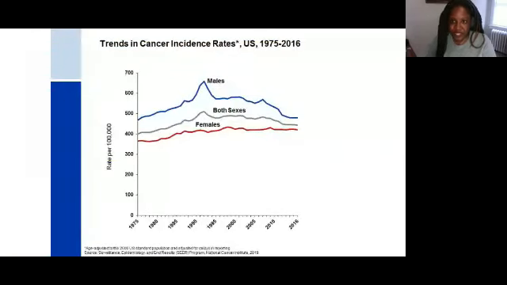I'm really interested in cancer. I've done a lot of my PhD and postdoctoral work, and some of the interests I have now are in cancer. One thing you'll notice from this figure, taken from the American Cancer Society and the SEER program, is that from 1975 to 2016, the rates of cancer incidence are in some cases level or slightly increasing, and then going up and down.